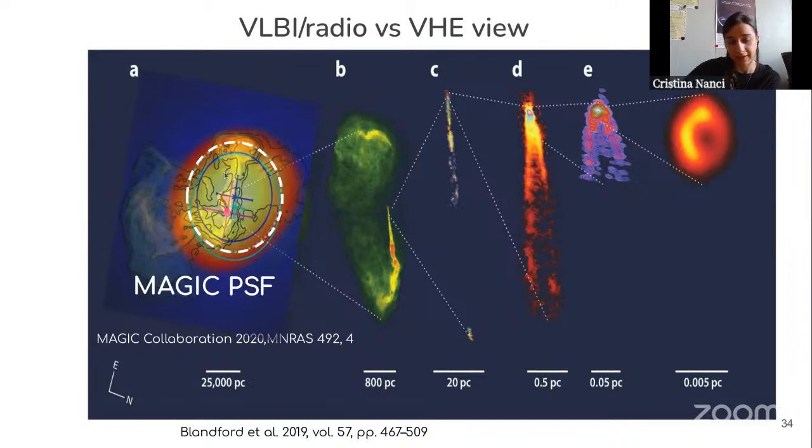Indeed, this is the example for M87 observed with the MAGIC telescopes. Here you can see the MAGIC PSF overlapped to the radio VLA contour. This is the limitation of the angular resolution of very high energy instruments, that is of the order of 0.1 degree.